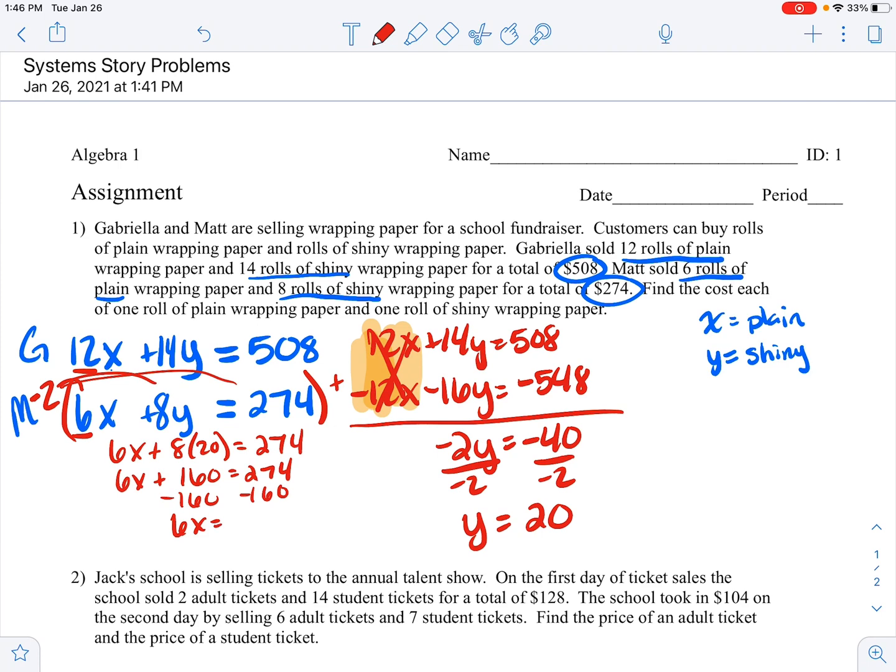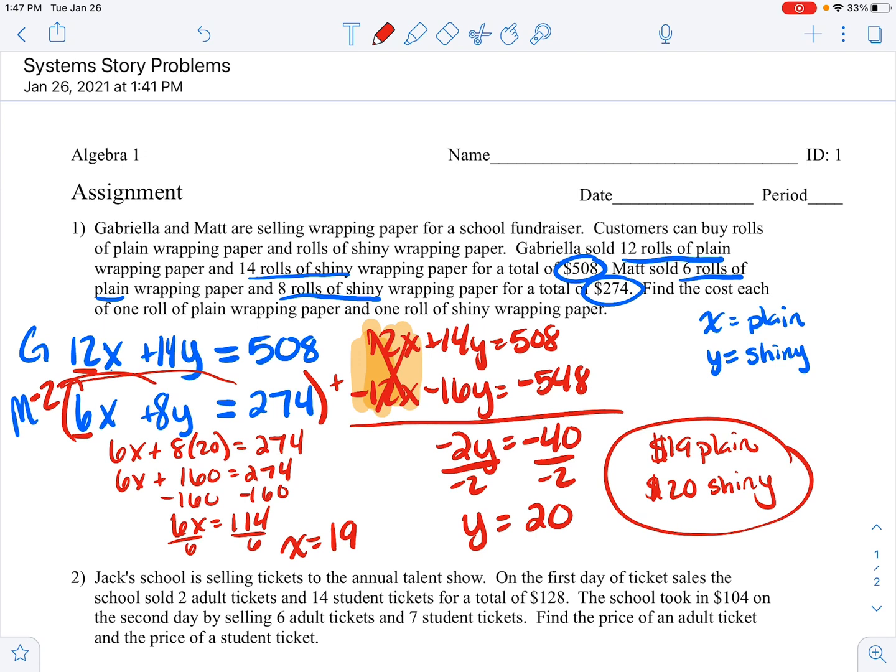We have 6x equals 114. And then I'm going to divide by 6 to get x equals 19. Now what does that mean? That means it's $19 for plain and $20 for shiny.